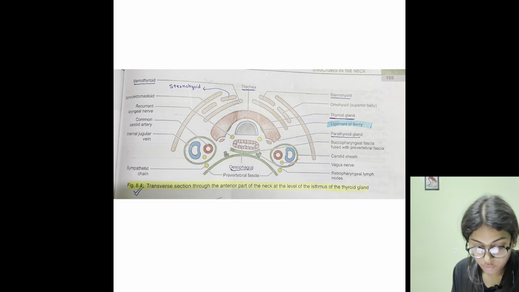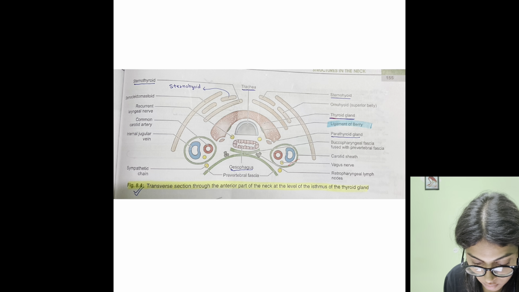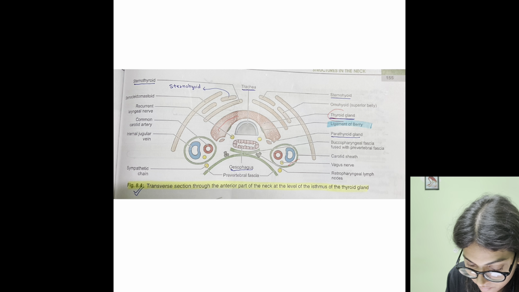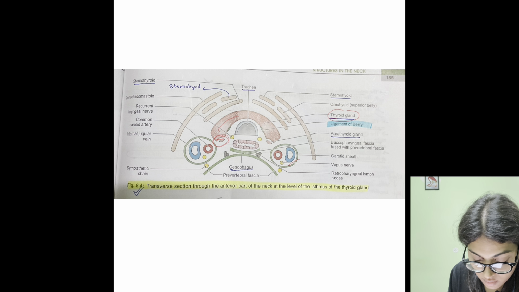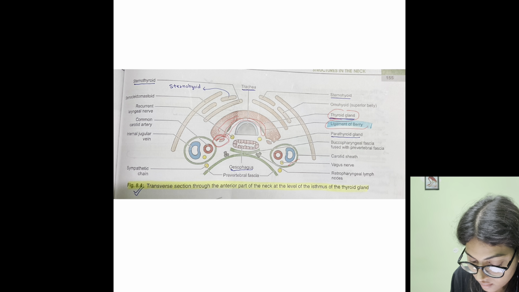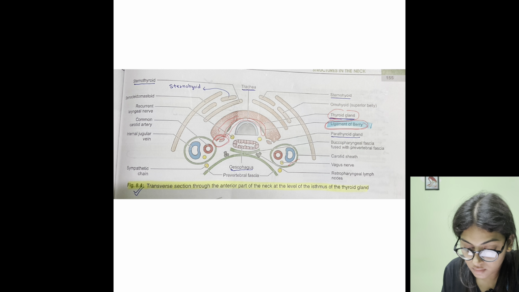So if we talk about the relations, in the apex, this is our thyroid gland, and on the posterior side it is thin, and the inferior part it is thick, and the suspensory ligament of Berry is present.